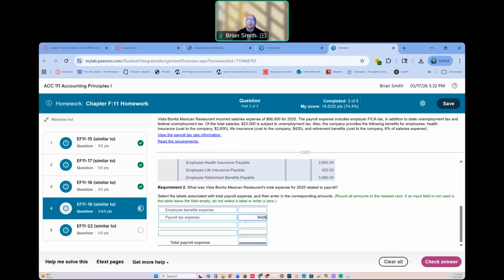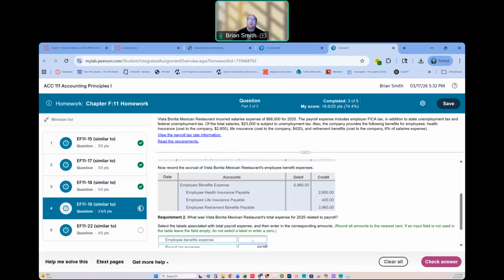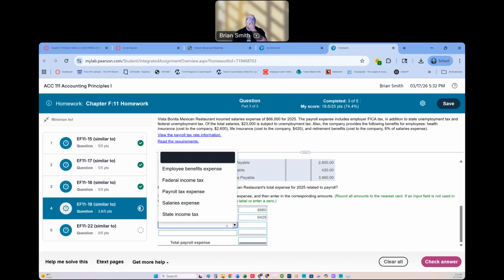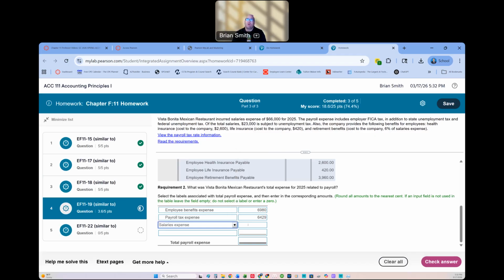Employee benefits were 6,980. So salaries expense would be 66,000.